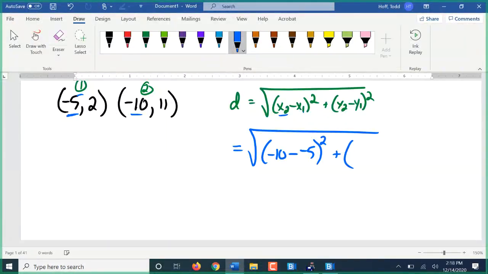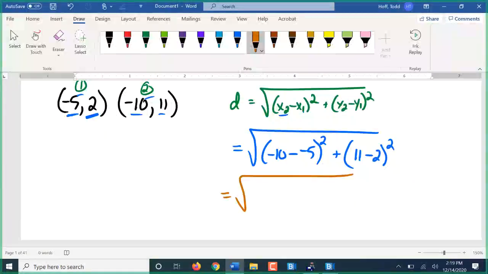For y2, point 2's y-coordinate is 11, minus y1, point 1's y-coordinate is 2. Now we're going to do our subtraction. Negative 10 minus a negative 5 is negative 10 plus a positive 5, which is negative 5.